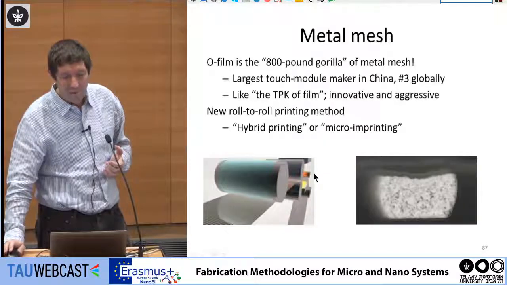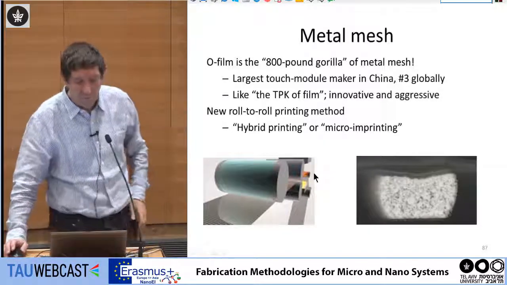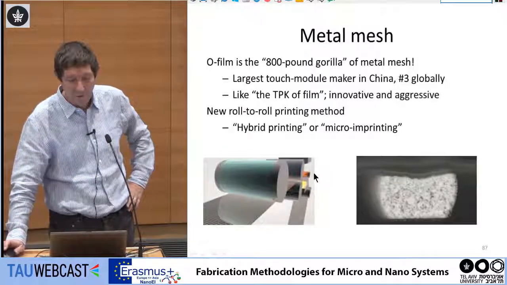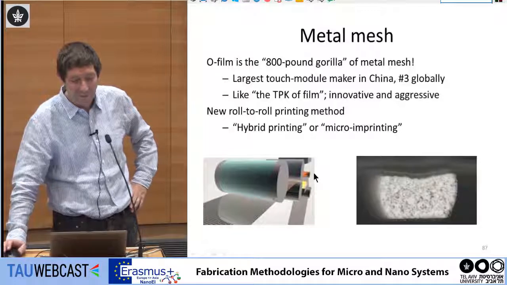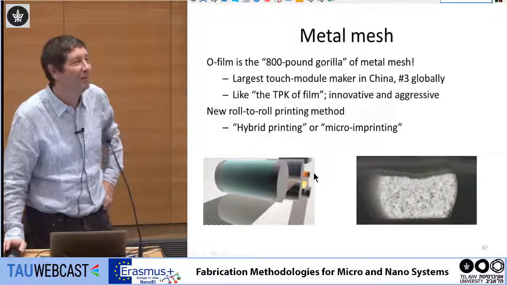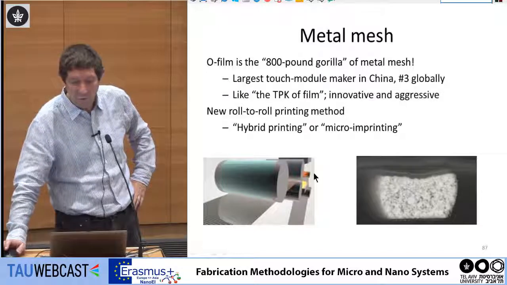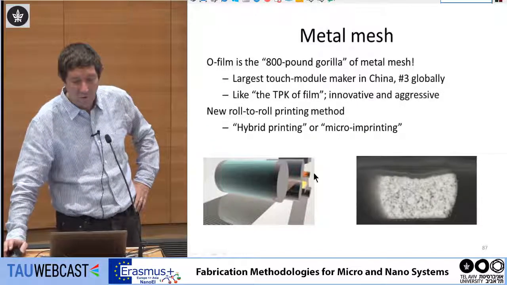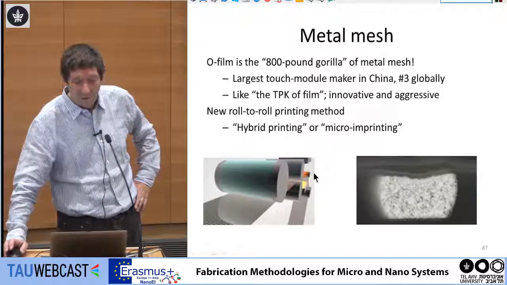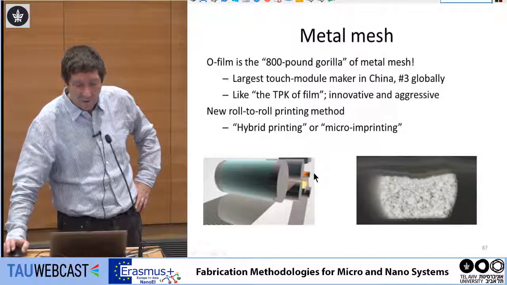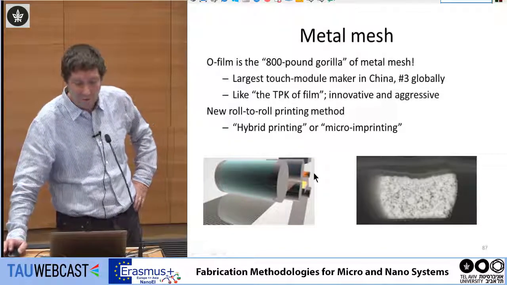For example, O-film, which is a commercial name, or people call it the 800-pound gorilla, or in Hebrew you say 2-ton gorilla, which means this is one of the most workable solutions. The largest touch module maker is in China. You take the polymer and insert the metal wire inside the polymer.